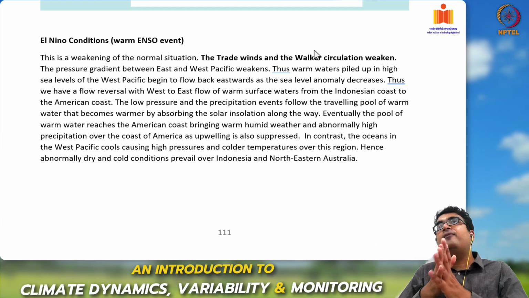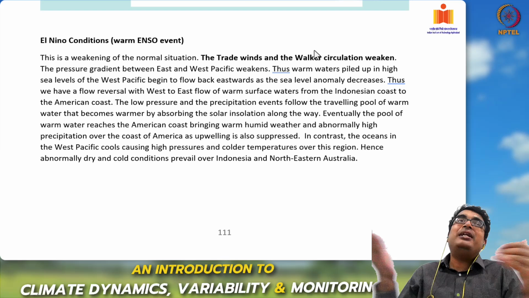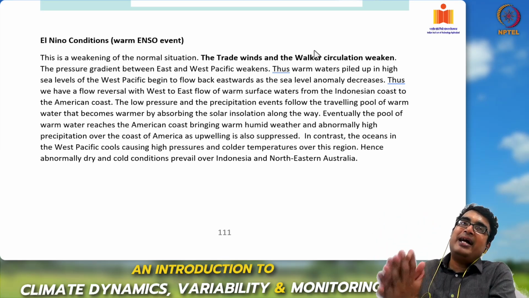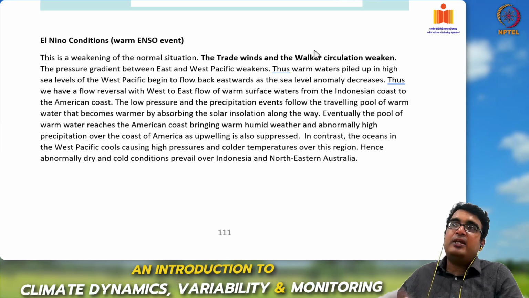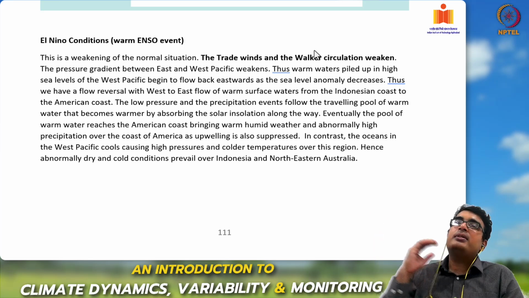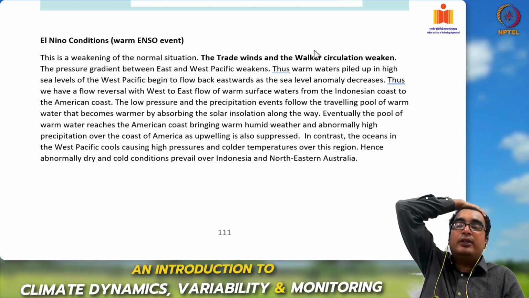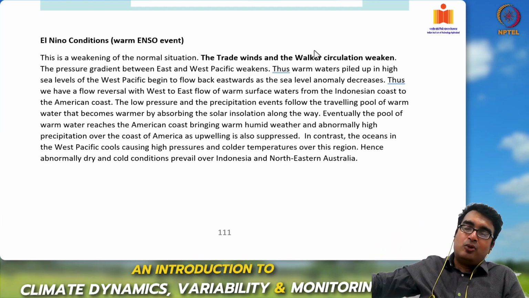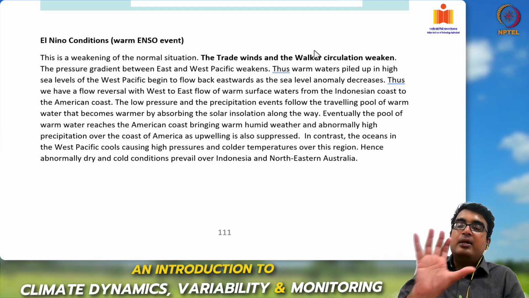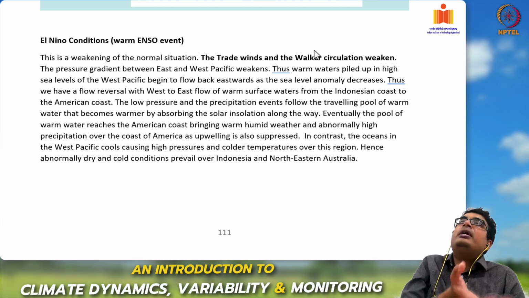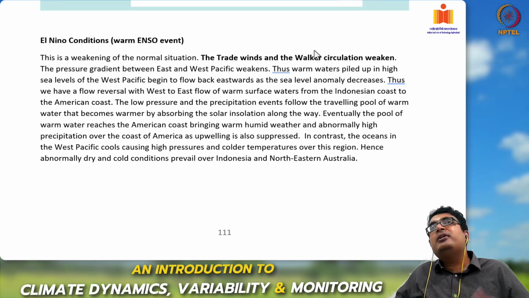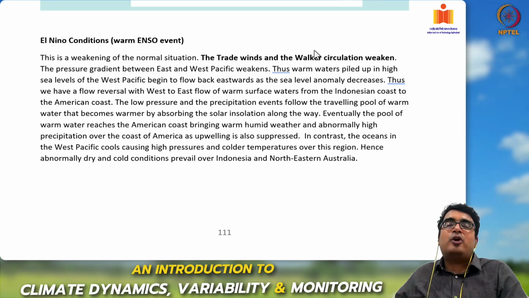So during a full reversal, a strong El-Nino event, what you will have is a complete reversal of the Walker circulation. The warm pool has moved entirely to the east Pacific off the west coast of the Americas, and the low pressure region is lying over there, whereas you are getting upwelling now in the West Pacific, and so cold waters and high pressure conditions begin to form off the coast of Australia and Indonesia.